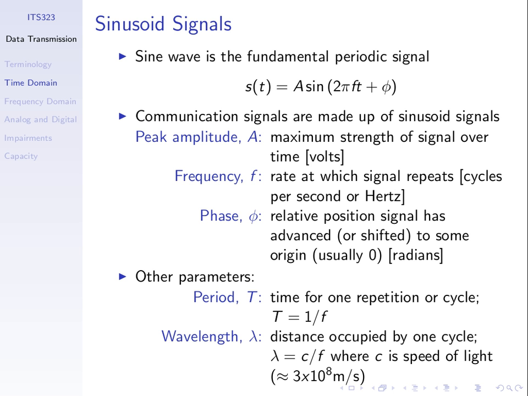The three things that we can vary are the peak amplitude, A, the frequency, f, and the phase, phi. By changing any of those three values, we'll get a different shape sine wave.